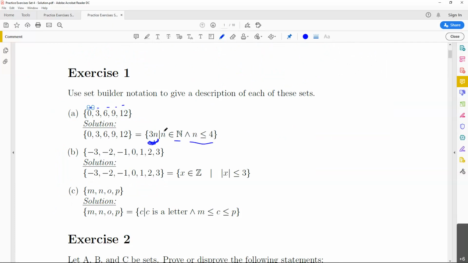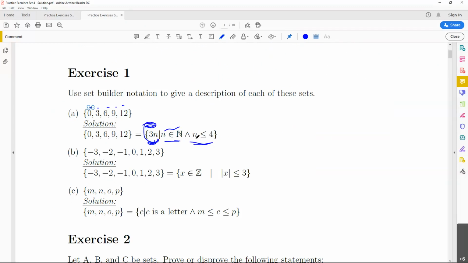First of all, you're saying it's going to be the multiples of 3, but then you add a condition, because this isn't enough. So first of all, you're just saying it's 3 times something, and that something is a natural number, and it's less than 4.